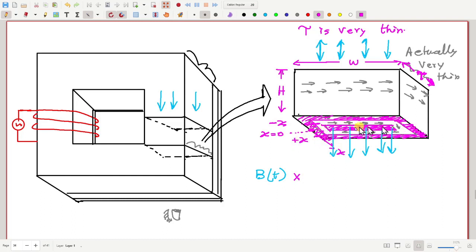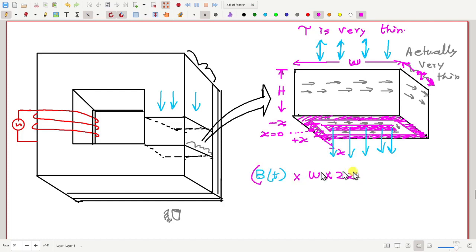So the area is basically the length of this, approximately equal to W, multiplied by 2x. So this is the flux going through the inside of the track.